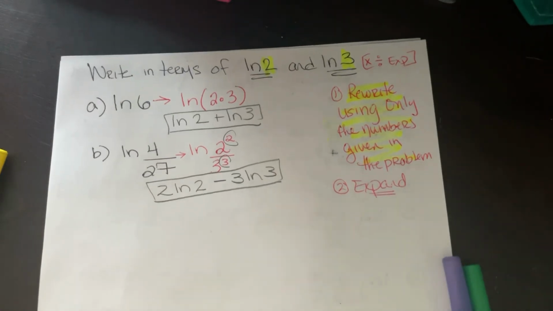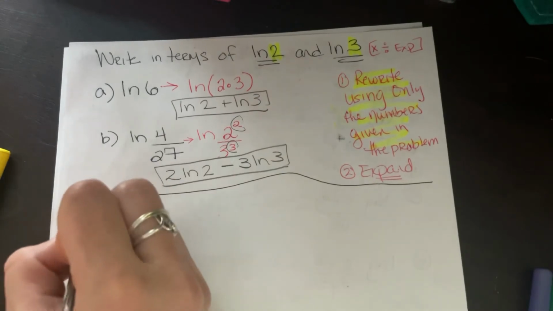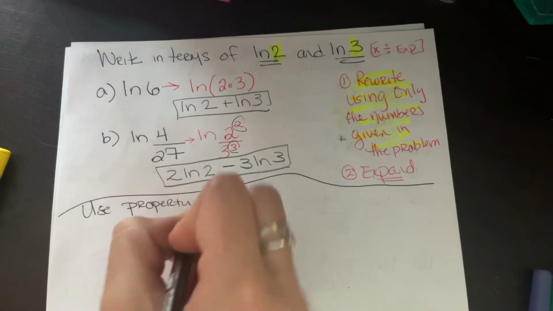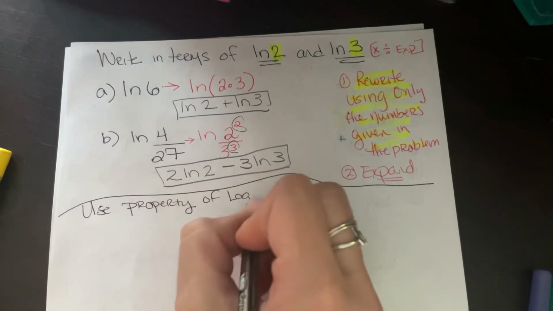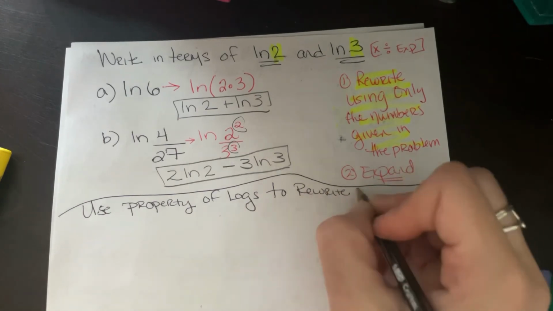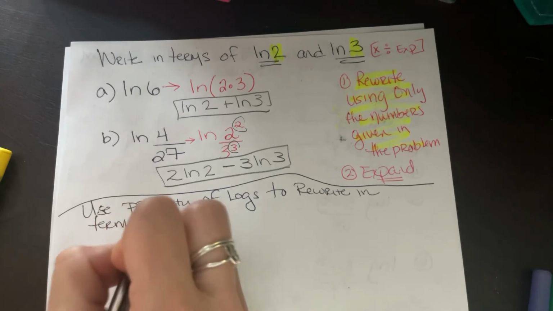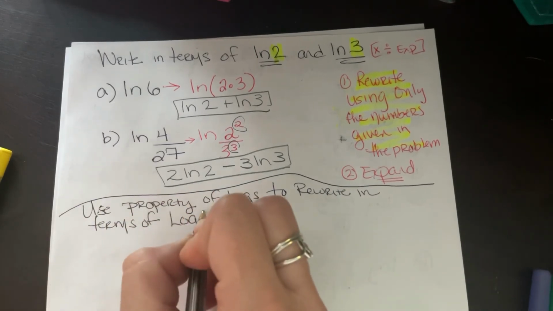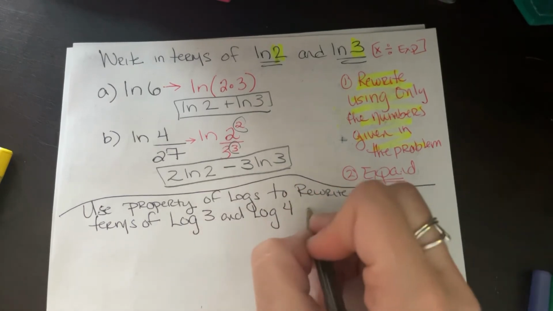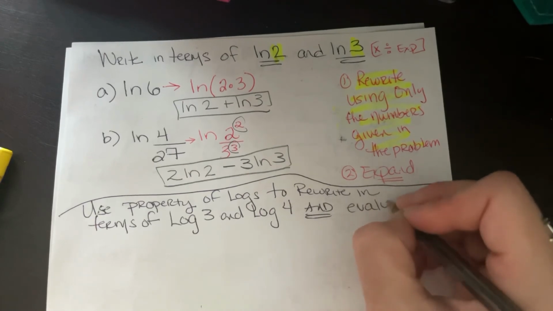Very last thing we're going to do. The question's going to say use property of logs, so it's similar to rewrite, in terms of log 3 and log 4, and there's another step in addition to what we did up here: evaluate.